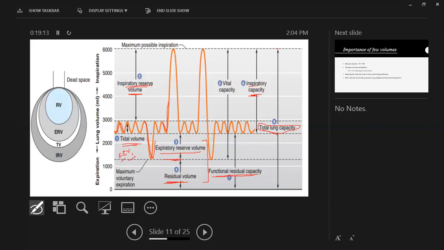Suppose the airway is not allowing air to pass through because of resistance. Then what happens? Your forced expired volume during the first second is going to be very less. So FEV1 is going to be less in conditions which increase the resistance of airways.